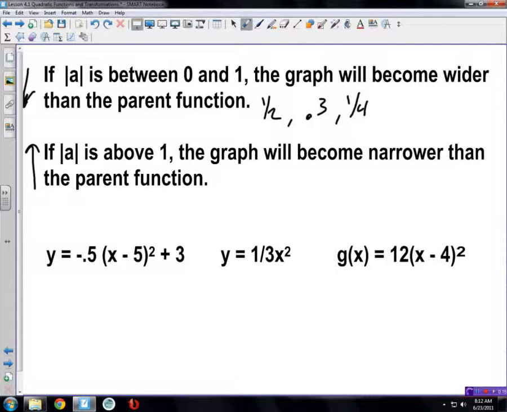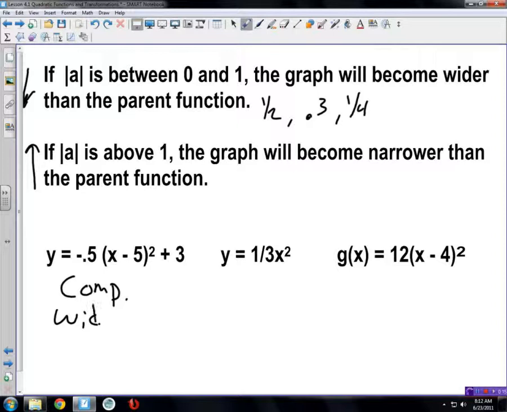Looking down here, this first one, is it going to become narrower or wider? Is it going to be a stretch or a compression? This one here, it's 0.5. 0.5, that's going to be a compression, which means it's going to become wider.